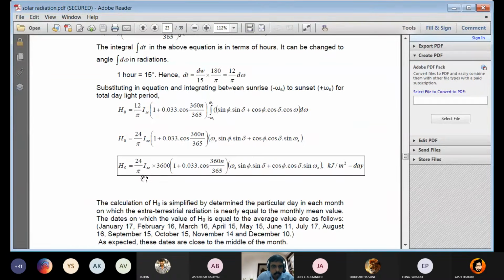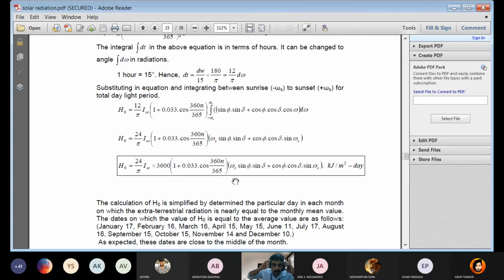H0 is equal to 24 by pi ISC into 3600 into bracket 1 plus 0.033 cos 360 n by 365 into again bracket omega s sin phi sin delta plus cos phi cos delta. So you see our angles are coming here.